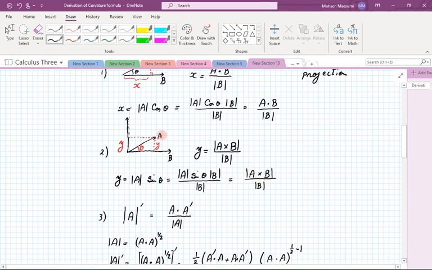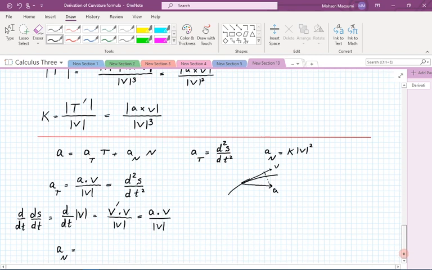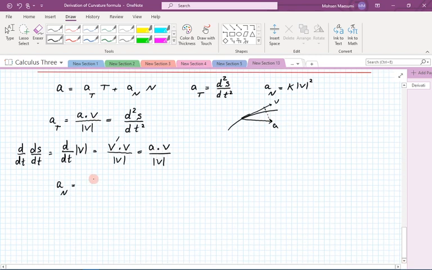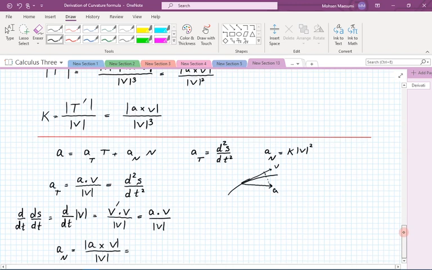So if I want to find the normal component of the A on the vector B, all I have to do is to do the cross product of A and B over the norm of B. So what we are going to do here, same way, it's going to be A cross with V divided by absolute value of V. Well, we just found a moment ago what A cross V is.